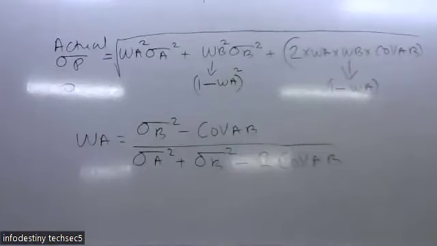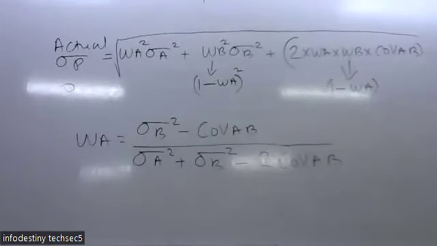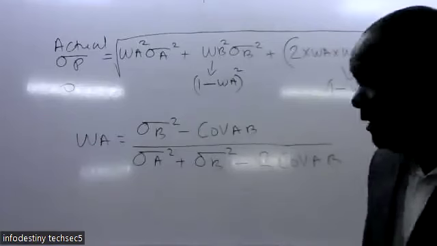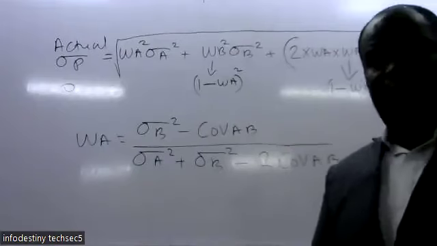To get the weight for A, simply get the variance for B, then subtract the covariance between A and B. Then divide by variance for A plus the variance for B minus 2 covariance of A and B. So that is how finally it will turn out to be.